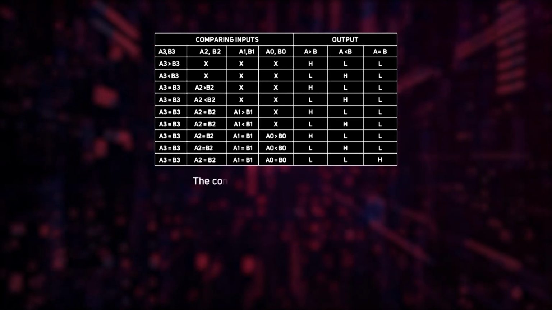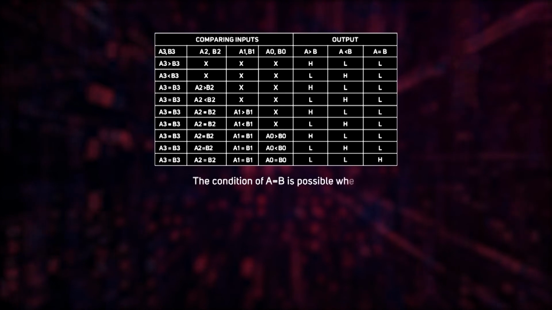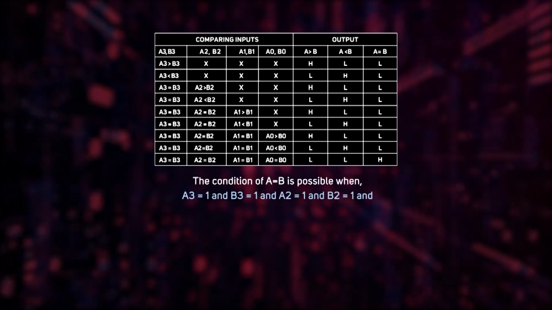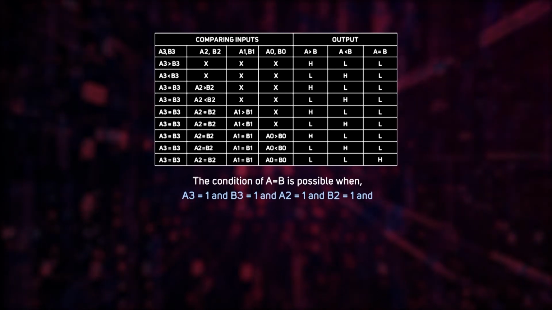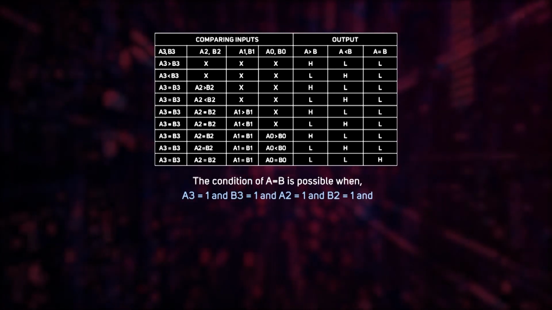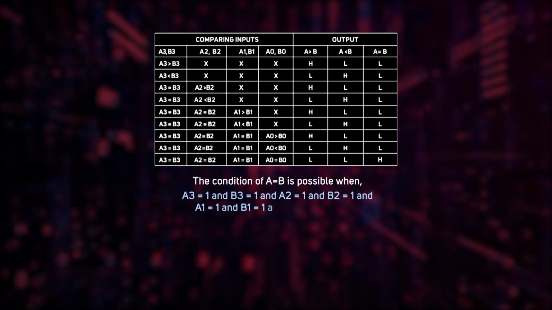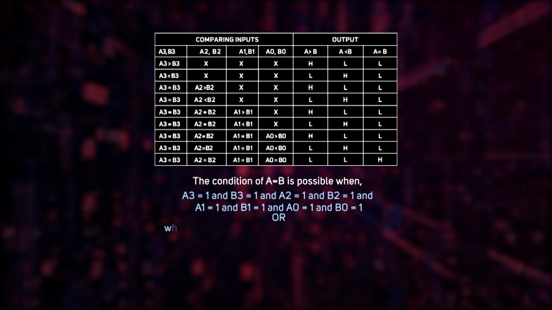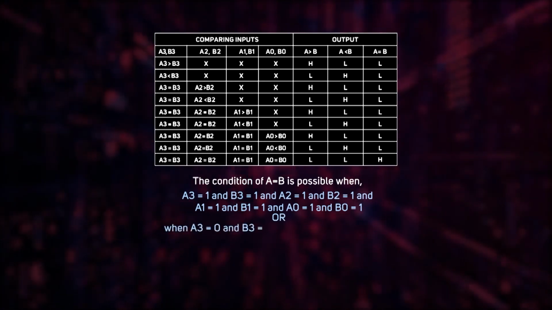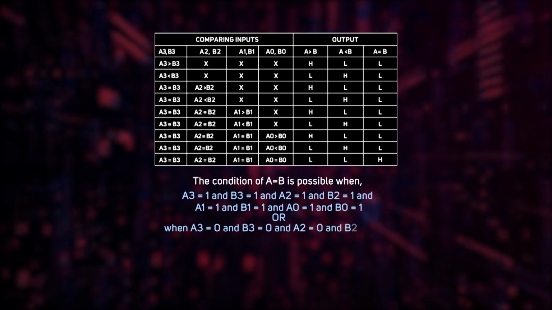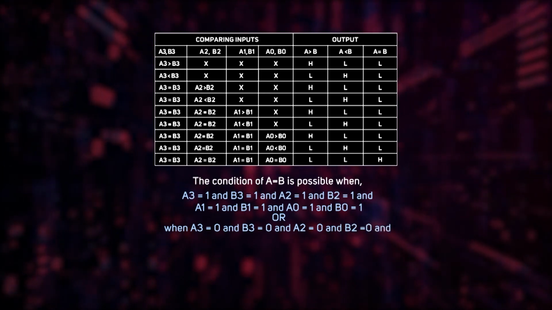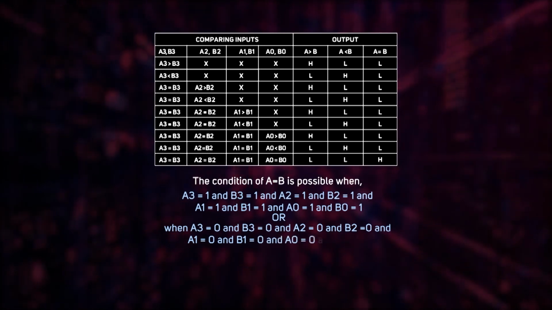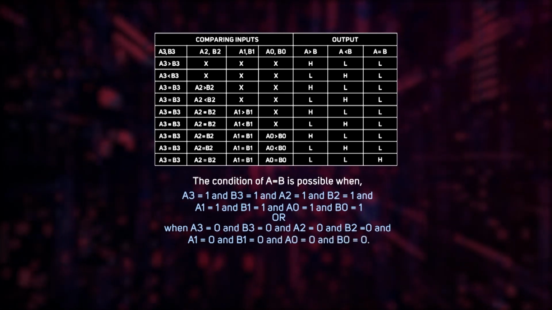The condition of A equal to B is possible only when A3 equal to 1 and B3 equal to 1, A2 and B2 are 1s, A1 and B1 are 1s and A0 and B0 are 1s, or when A3 equal to 0 and B3 equal to 0, A2 equal to 0 and B2 equal to 0, A1 equal to 0 and B1 equal to 0 and A0 and B0 are equal to 0.